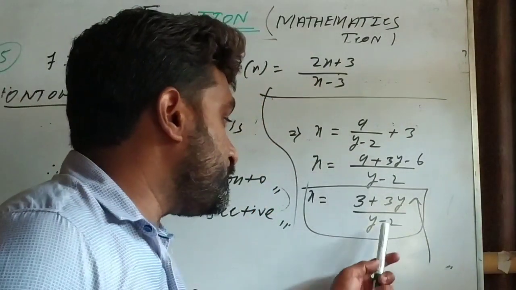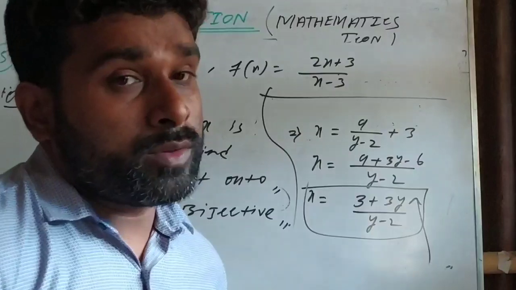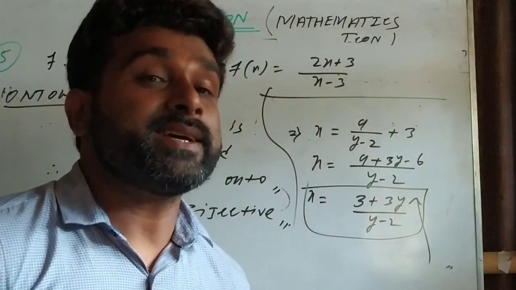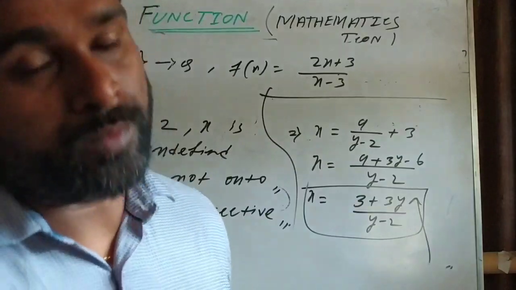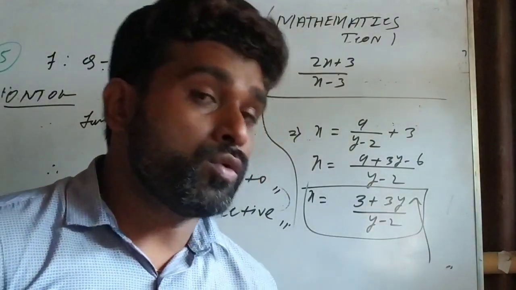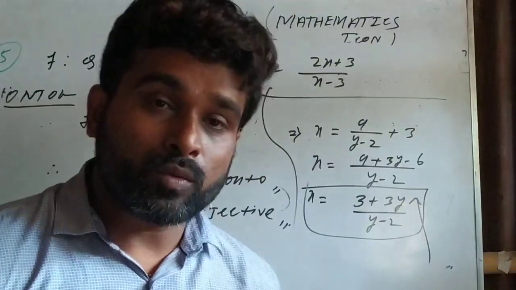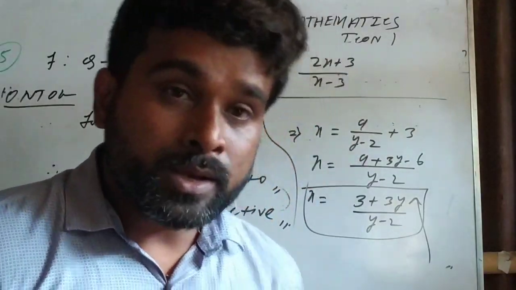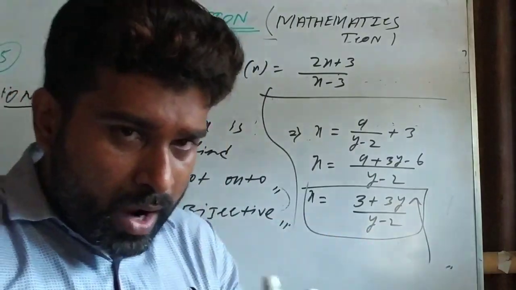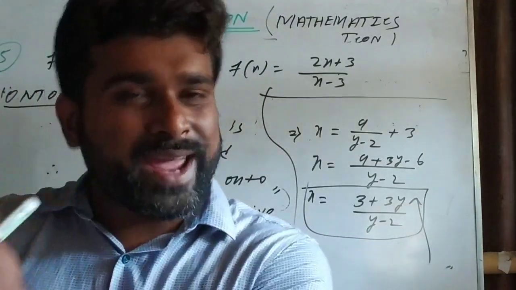So for y equals to 2, we are not getting the value of x here. So that means in the second set, y equals to 2 will be left, which has no mapping with the input.